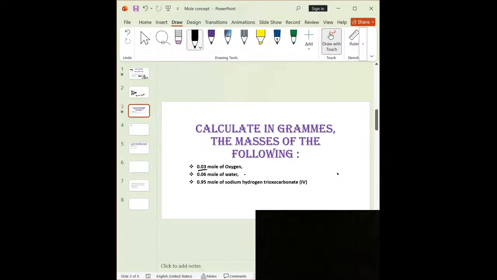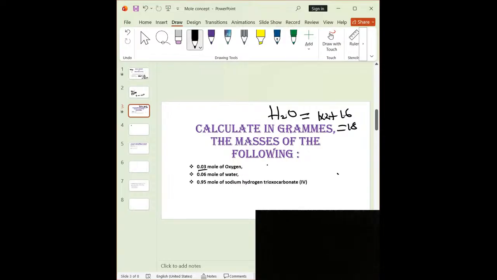Remember, water is represented as H2O. And then let's calculate the molar mass of H2O. Hydrogen is 1. That will be 1 times 2 plus 16, which is equal to 18 gram per mole.